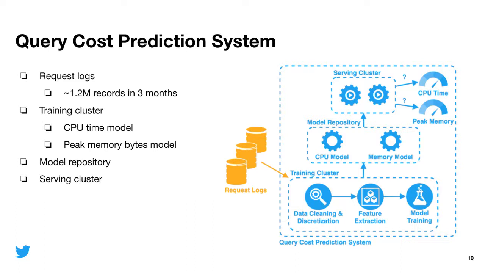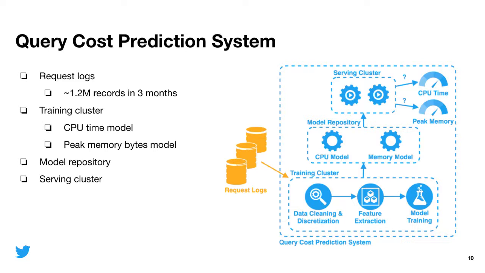And then the training cluster will use these request logs for training. There will be several steps in the training cluster, such as data cleaning, data discretization, feature extraction, model training, etc. And finally, we will get two models, one for CPU time, and the other for peak memory bytes. And then those two models are stored in a central model repository.